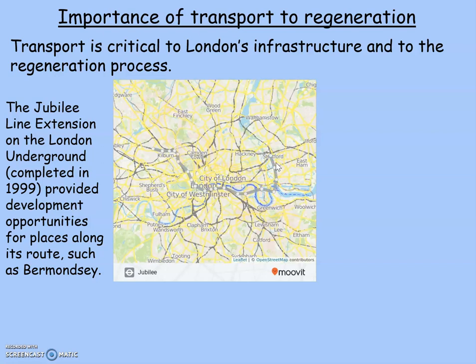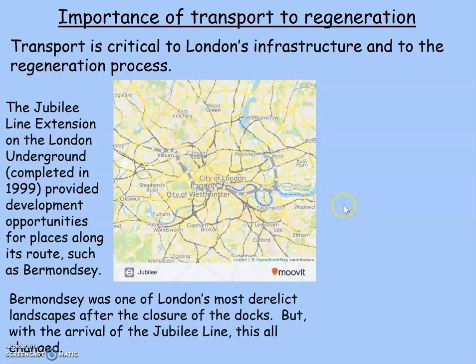It's known as the Jubilee Line extension. But it did mean there were lots of opportunities for development as a result of this extension in places like Bermondsey. Now, if you are getting on the Jubilee Line towards Stratford, the first stop here is Bermondsey, then Canada Water, Canary Wharf, etc.